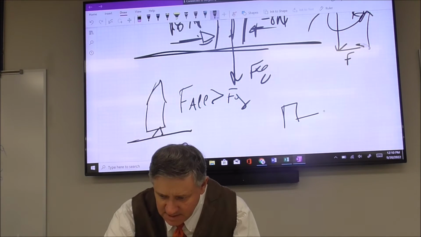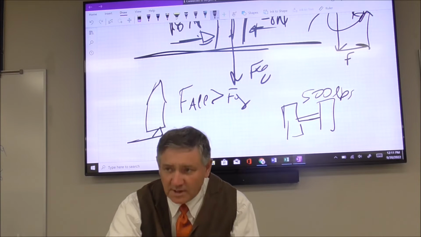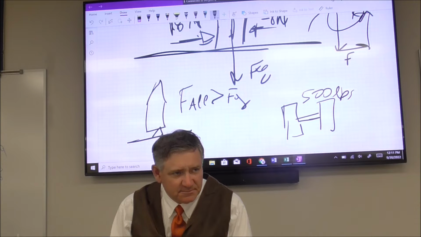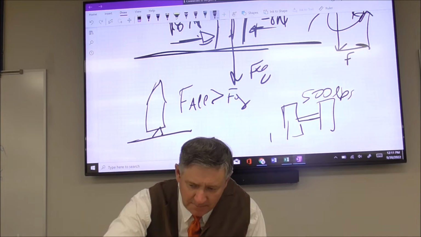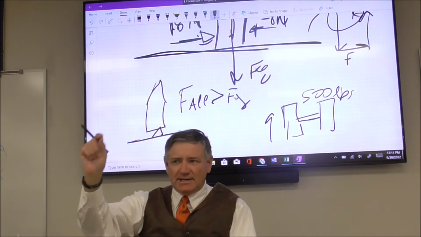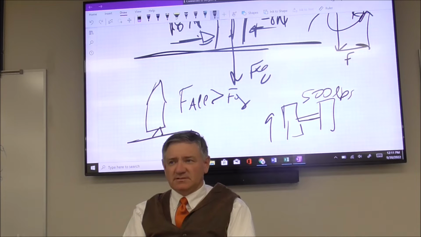Taylor goes down to the gym, and Taylor's going to lift 500 pounds. Now, if Taylor only lifts up with a force of 499 pounds, is she going to be able to lift that set of weights?